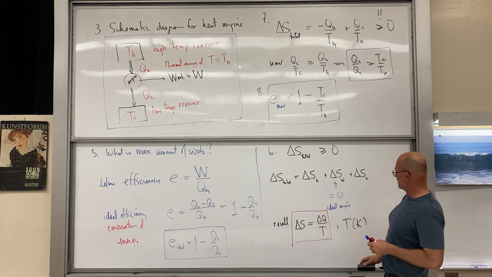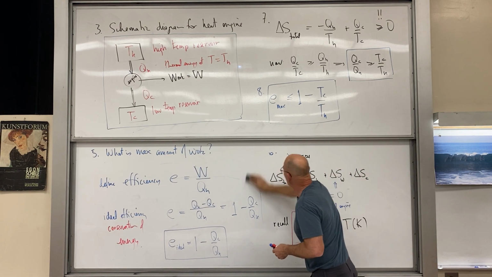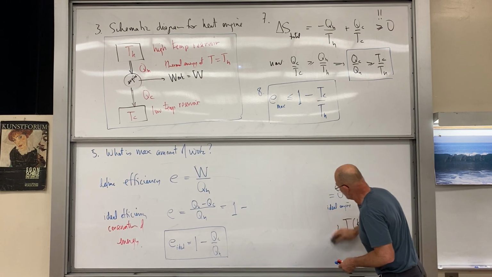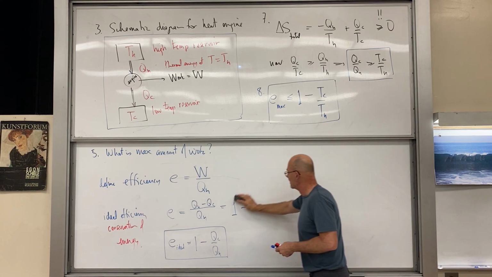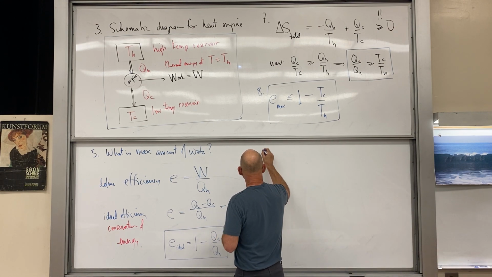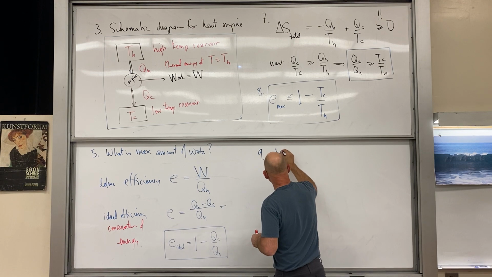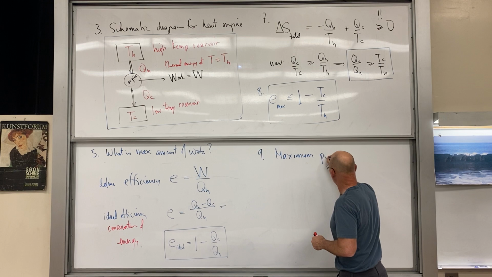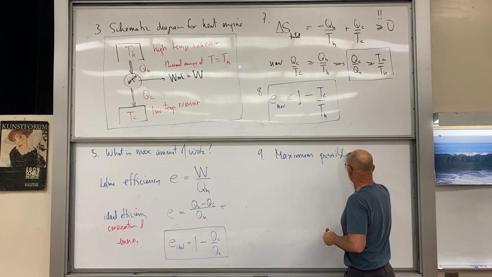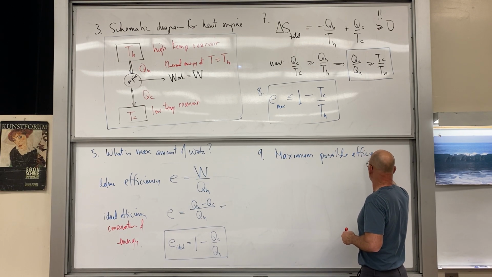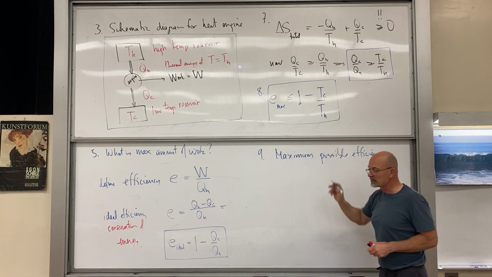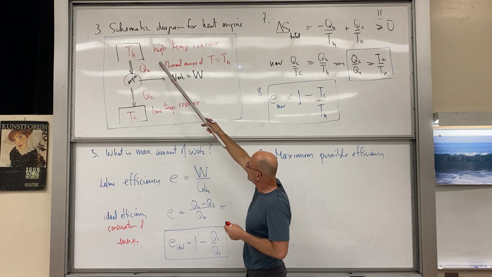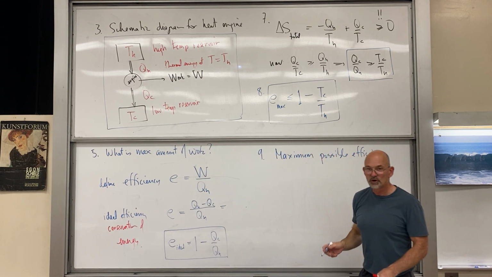So I'm going to write under here, maximum possible efficiency. This depends on the temperatures that you're running, the ratio of these high and low temperatures with which you're running your heat engine.